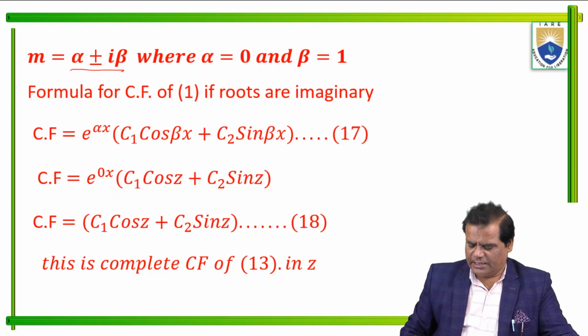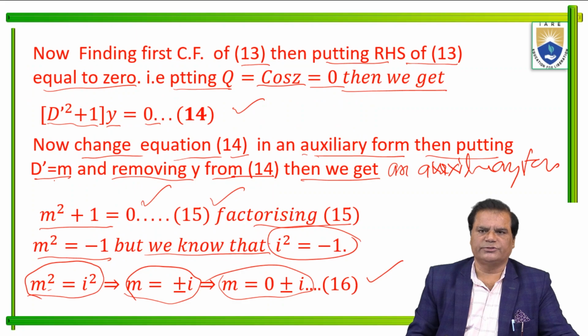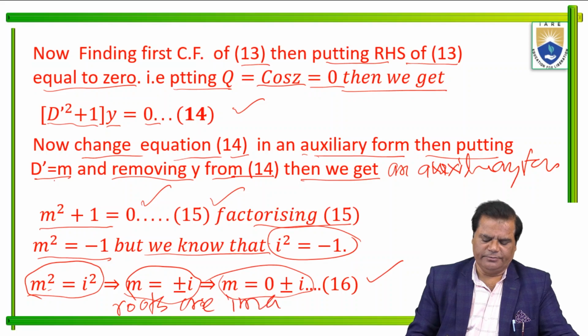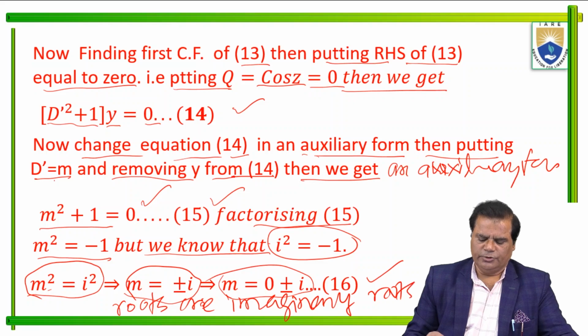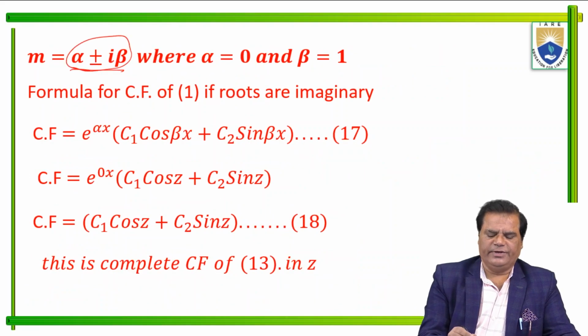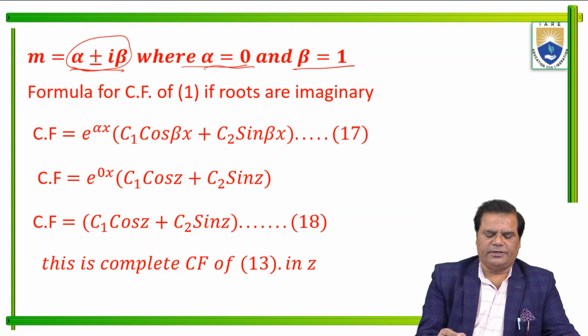These are imaginary roots. So alpha is 0 and beta is 1 after comparing.